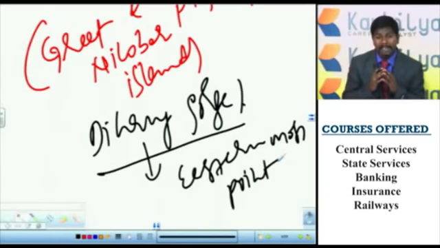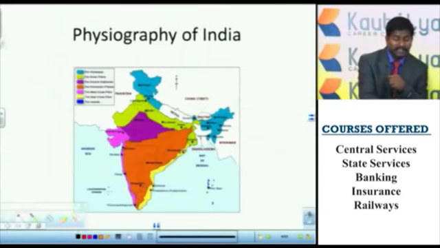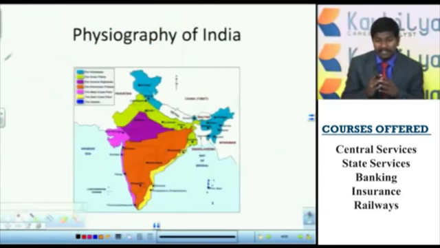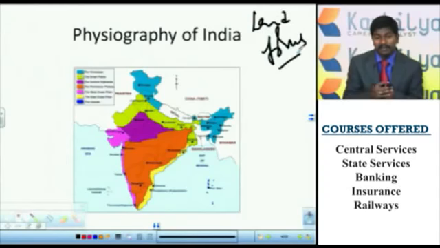That is Indian physiography. Look at this map, it shows the Indian physiography. Friends, Indian physiography mainly discusses the physical features of India, or you can say the different landforms of India. You know that landforms are mountains, plateaus, plains, valleys, gullies and deltas.